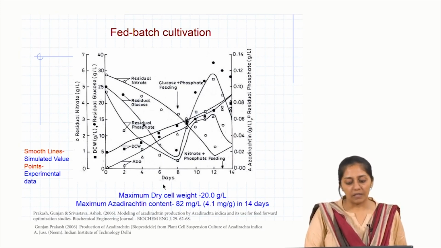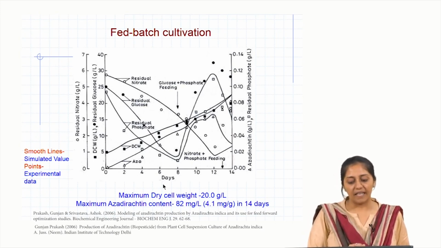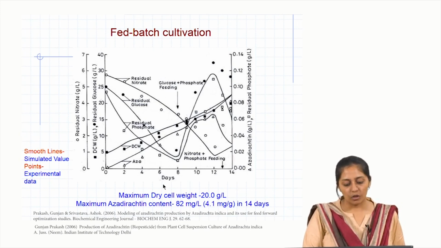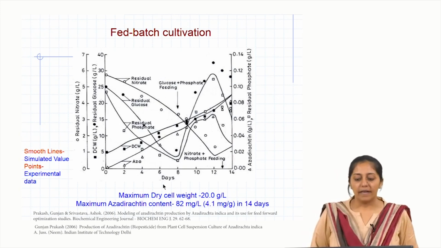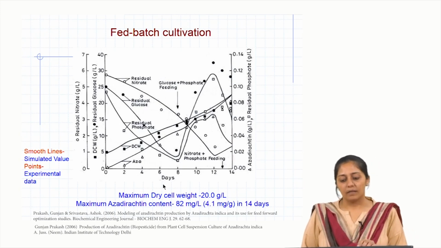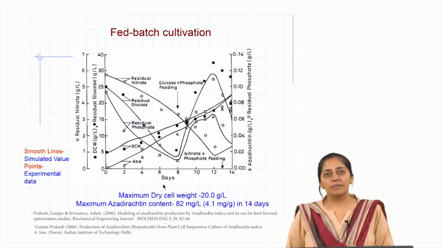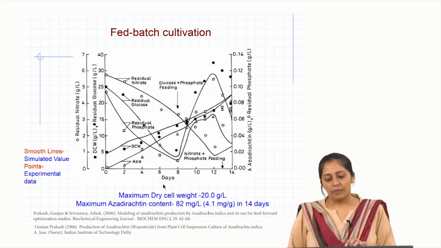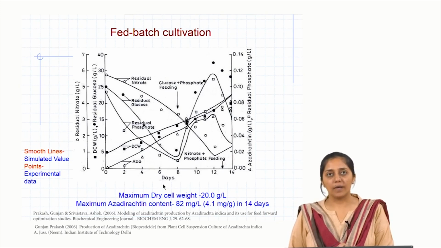The dry cell weight is increasing continuously up till 14 days and the azadirachtin is also increasing continuously till the 14th day, while residual nitrate was becoming limiting around the 12th day. So, possibly that is the reason the nitrate feeding was started again on day 12.